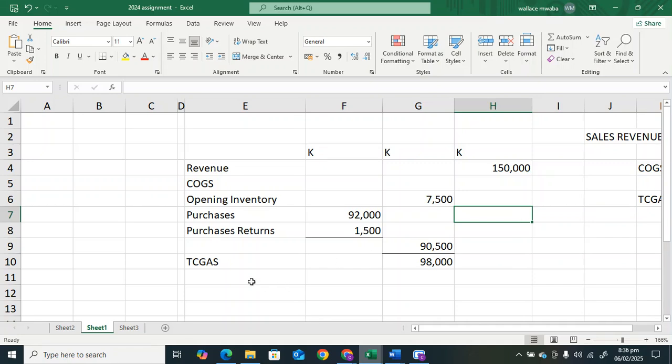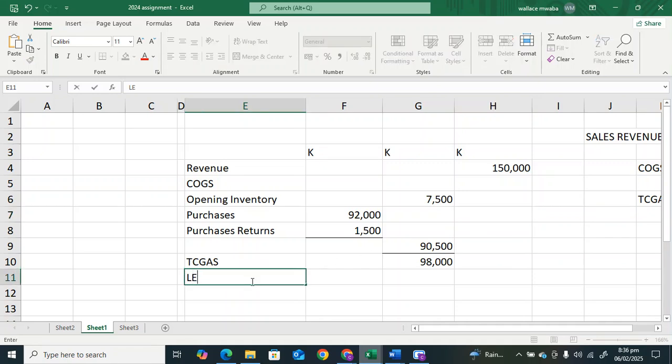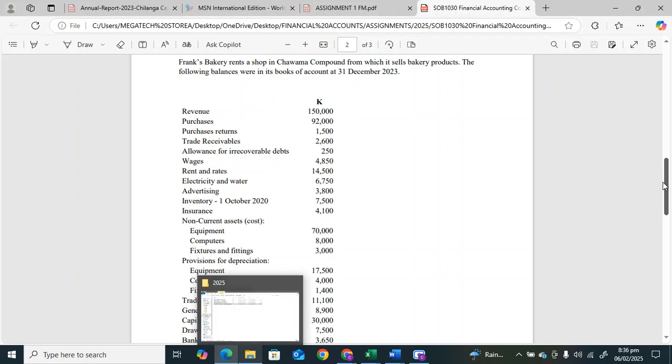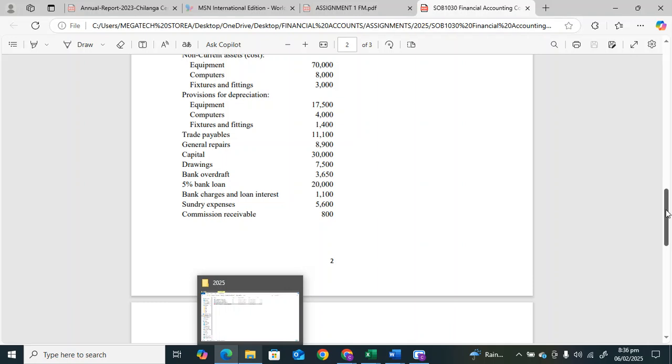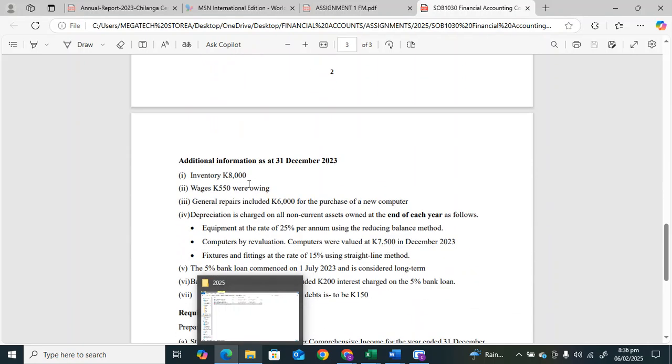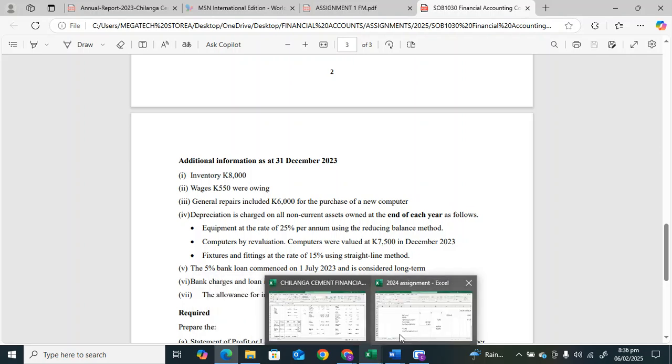Less closing inventory. 8,000 closing inventory.